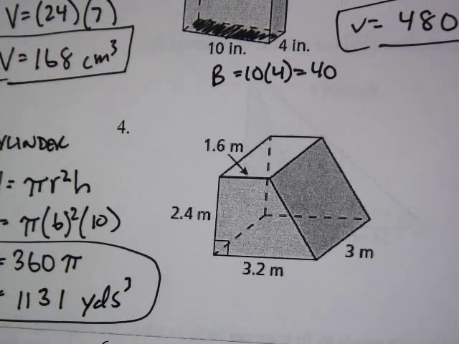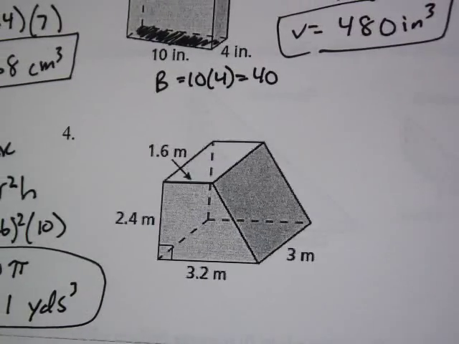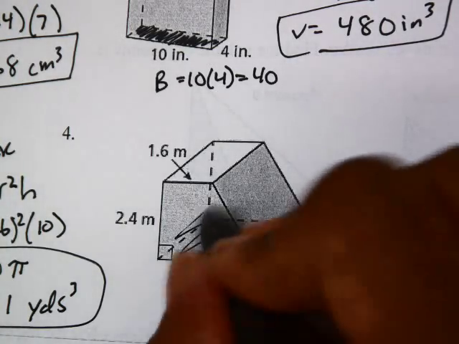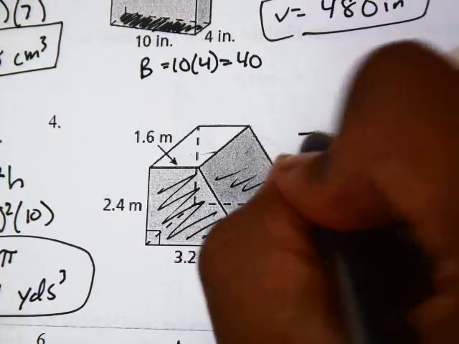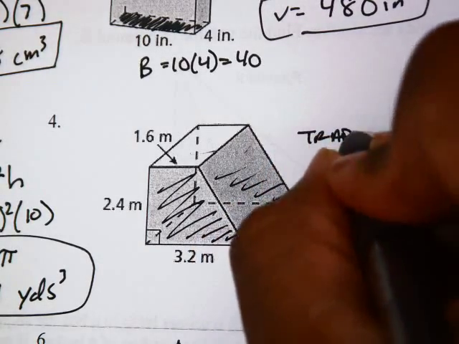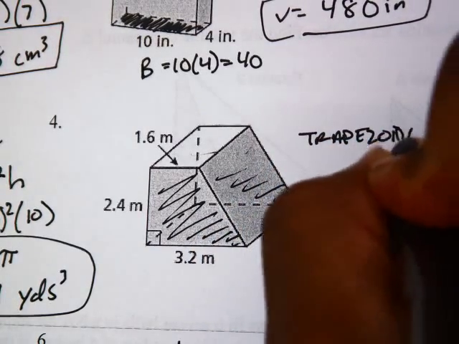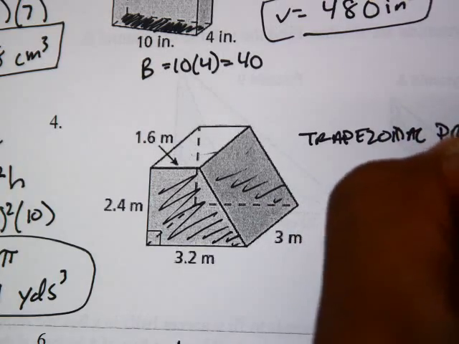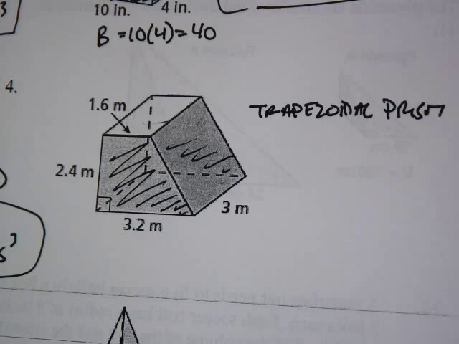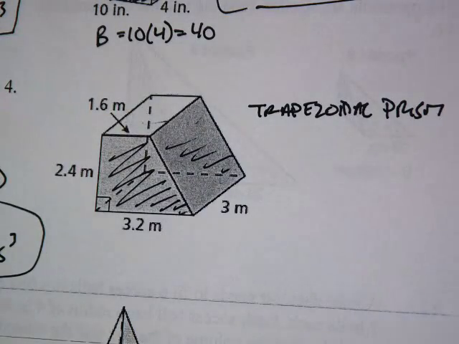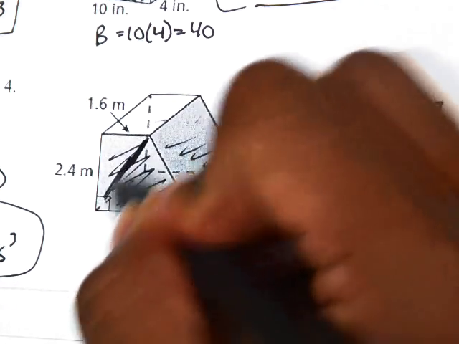Number 4 is kind of tricky. The bases are this shape, the front and the back. So this is a trapezoidal prism because the bases are trapezoids. So I need to find the area of those shapes. In the area review, to do that we created two triangles.